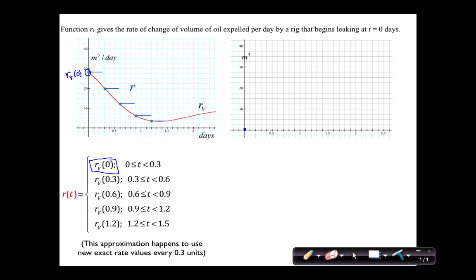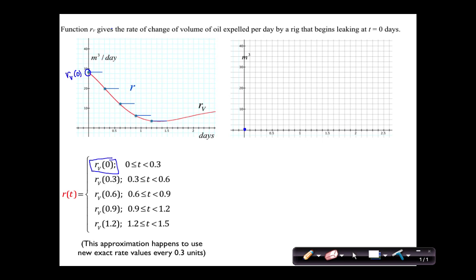But if I wanted to model what happens during that first 0.3 days, I know it's increasing at a rate of R sub V of 0. To draw it, I'm going to use a number, about 28 cubic meters per day.